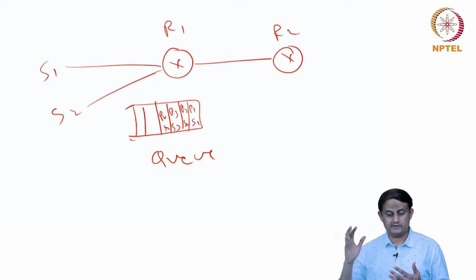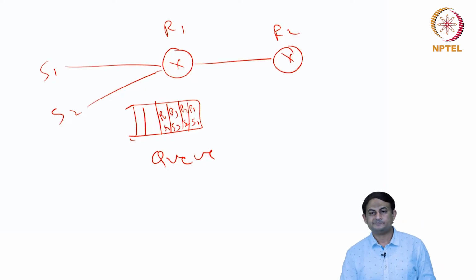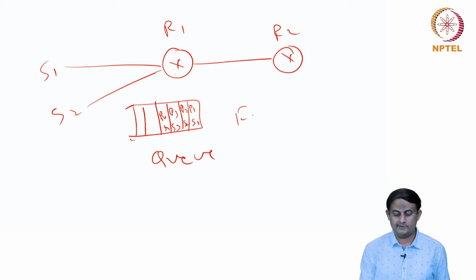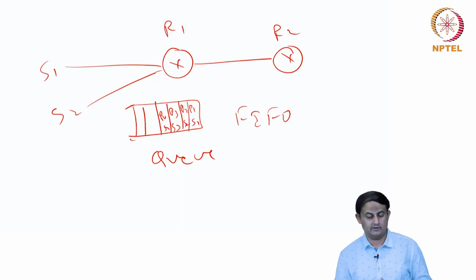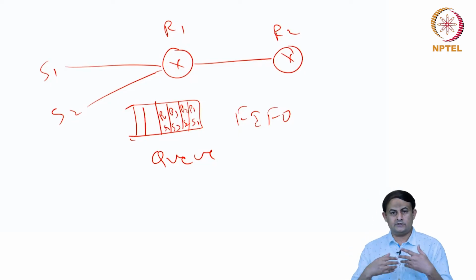So first P1 gets transmitted, the second P2 gets transmitted, and so forth, P1, P2, P3, P4 in order. So this is the default strategy. It is also called the FIFO model or FIFO scheduling, first in first out scheduling. This is the best effort.